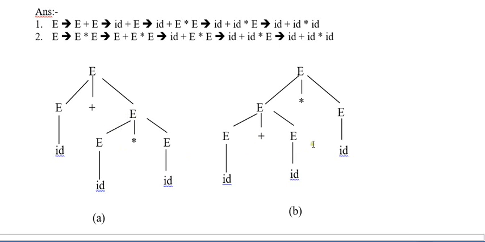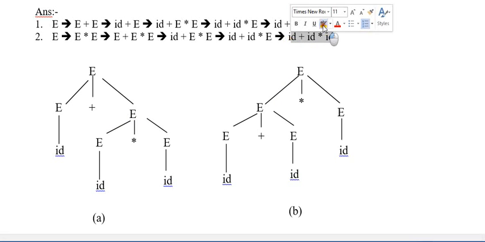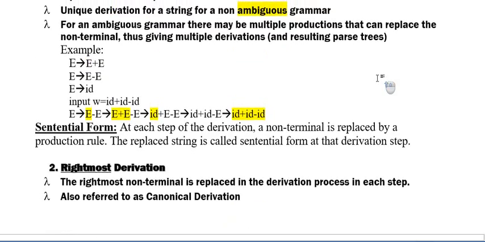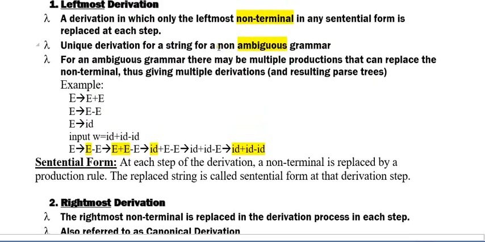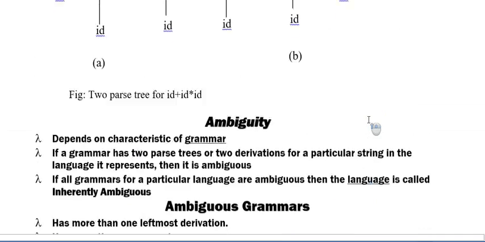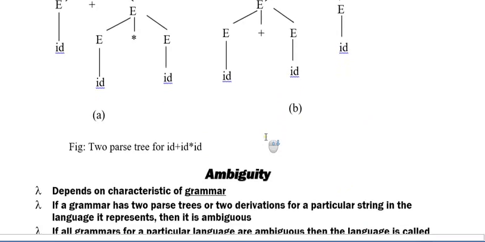So this one is the right production and this one is the left production, but you can see the output of both is the same. So this is called an ambiguous grammar or production, which was discussed by us in the previous section. This is an example of an ambiguous section.